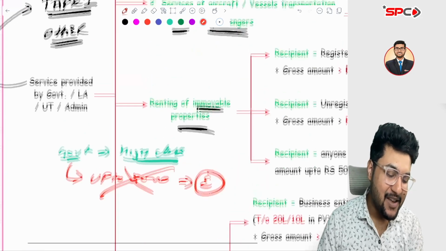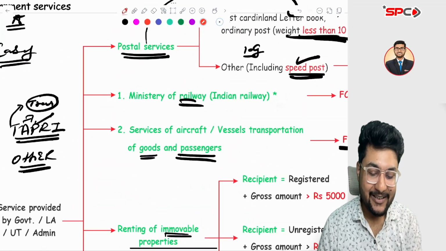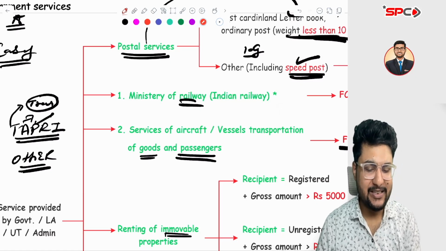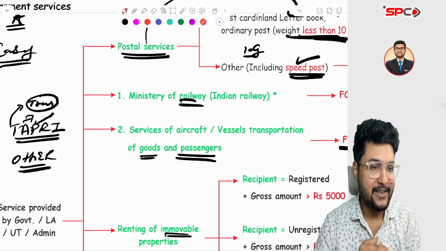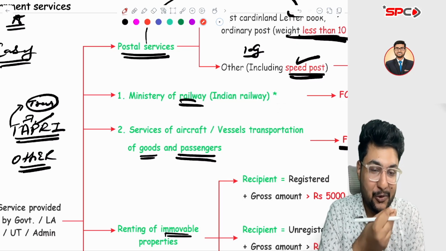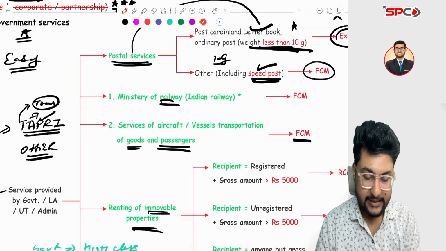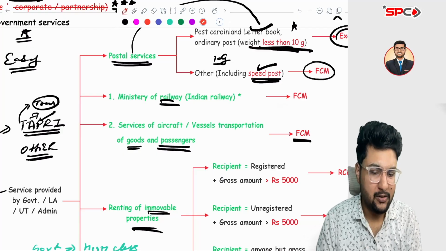But why haven't we taken this under postal, railway, transportation, aircraft? Because in TAPR the ticket size is very small. If you take a postal service, the charge in case of a speed post will be 200, 300. In aircraft, the maximum price will be around 4,000, 5,000, right?